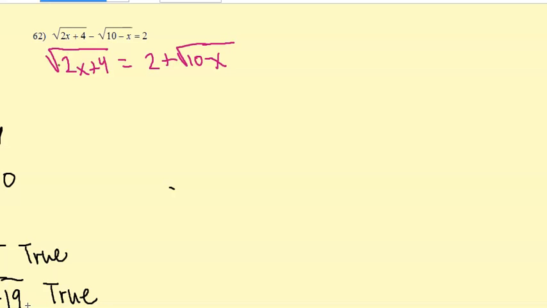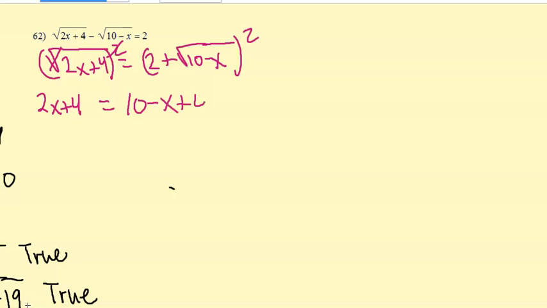Okay, we're going to get rid of the first square root by squaring each side, exponentiate by 2. So when you multiply those out, you get 2x plus 4, the square root of this 2 cancels out, equals 10 minus x plus 4 square root of 10 minus x.